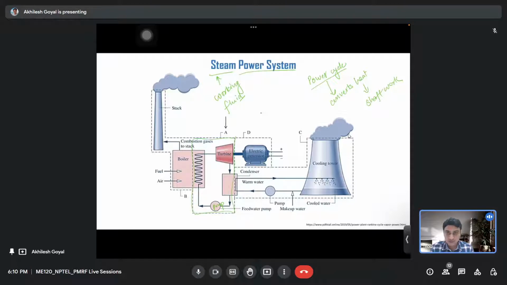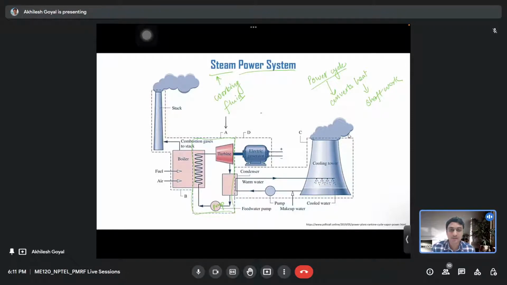And now again you can see in the boiler, fuel and air are fed. When the fuel burns, it gives heat to the water, and those combustion products or gases are emitted through the chimney. And also you can see here the electric generator. The work that we receive from the turbine is in the form of shaft work.